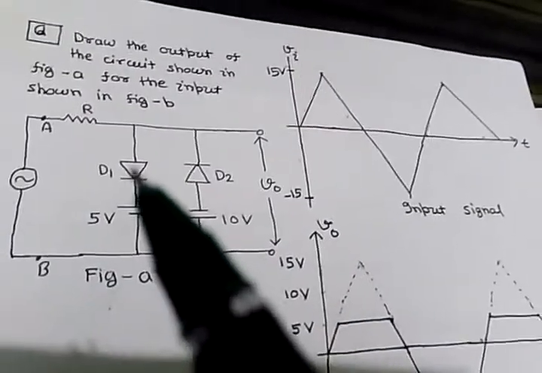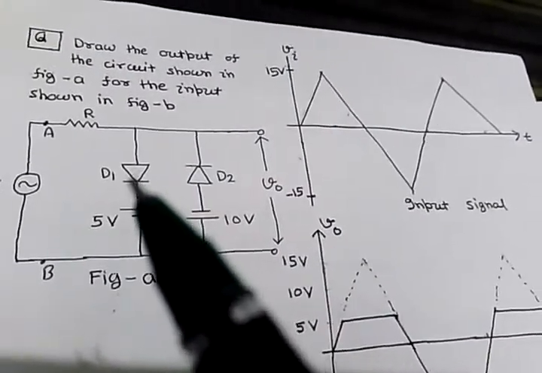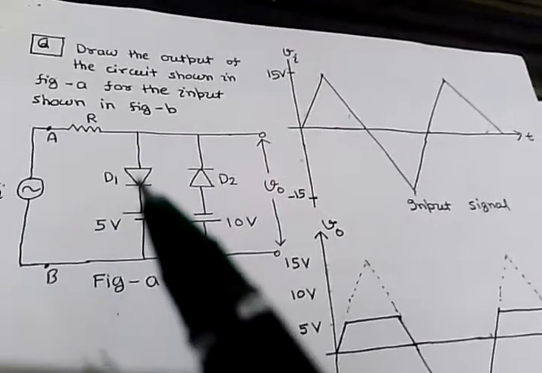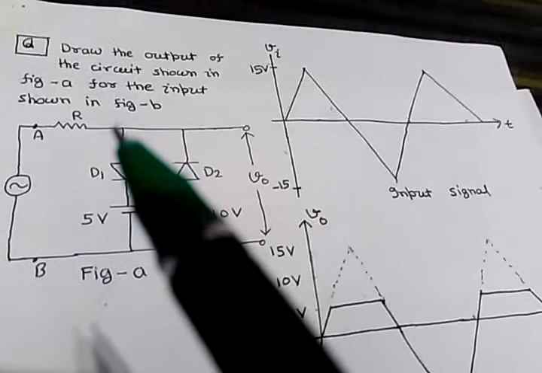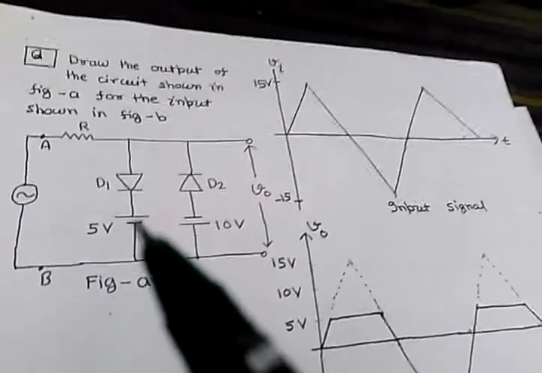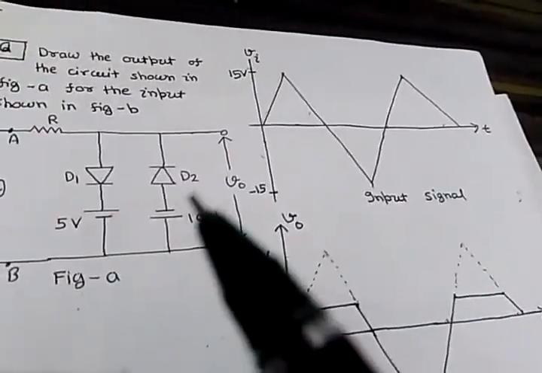In this way, diode D1 will be in reverse biased condition, because the P region will be at lower voltage than the N region. Now consider diode D2.